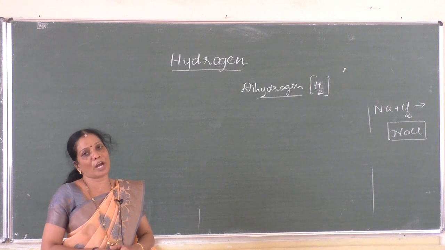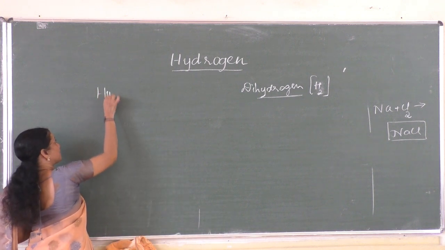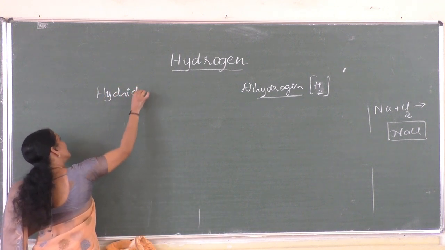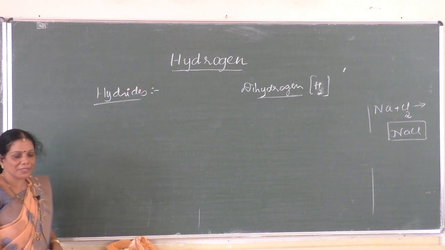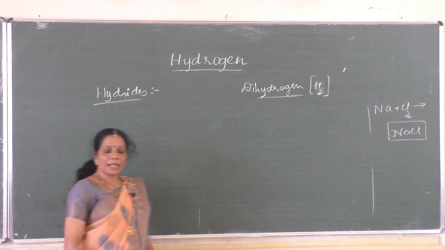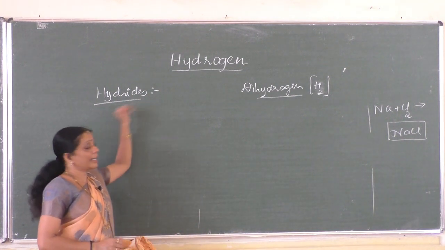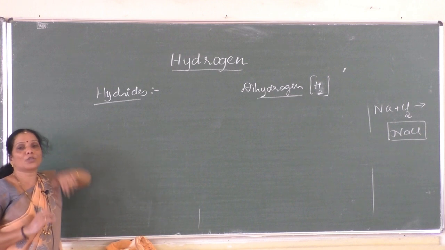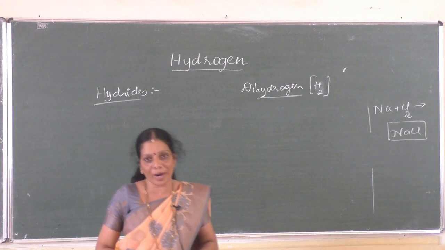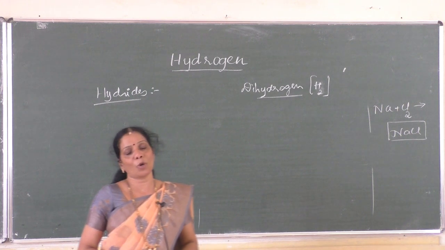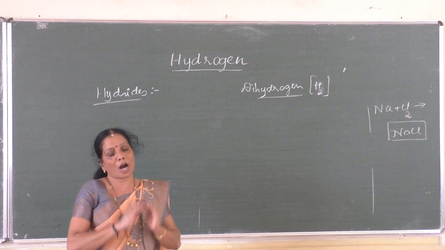The next concept we have to study here is about the hydrides. Listen now students, an important concept in this hydrogen chapter, hydrides. Hydrogen has the tendency to undergo reaction with almost all the elements present in the periodic table except noble gases. We know that noble gases have a completely filled outer shell.